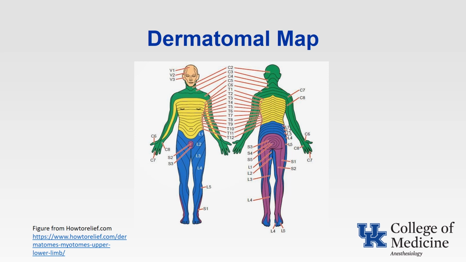Some easy things to remember are that the umbilicus is at T10, the breasts are at about T4, and below the breasts, T6. Those are some nice landmarks to remember in terms of identifying where your level is at.